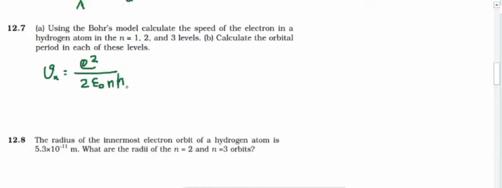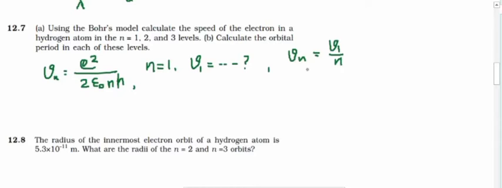2 epsilon naught nh. Now substitute the value n is equal to 1, then you find the value of V1. Once you get the value of V1, you know the relation between V1 and Vn. So we can have Vn is equal to V1 by n.